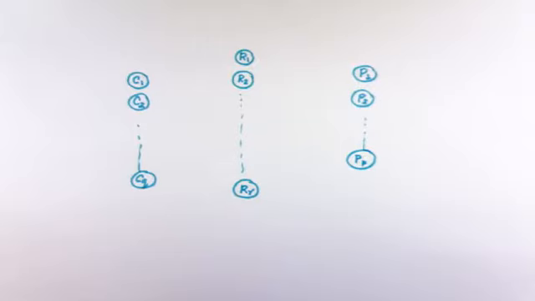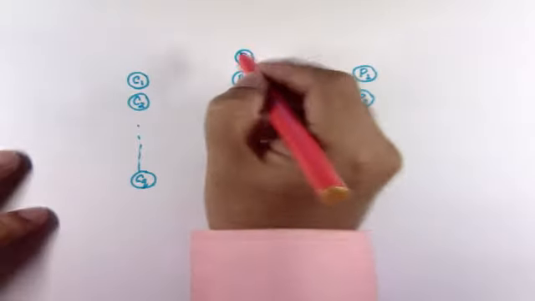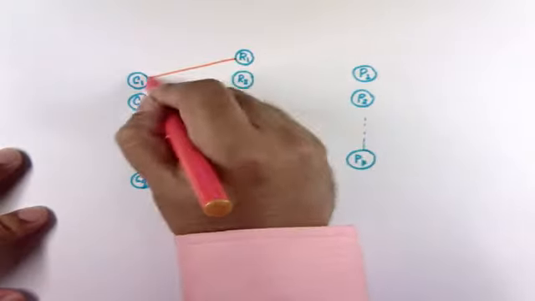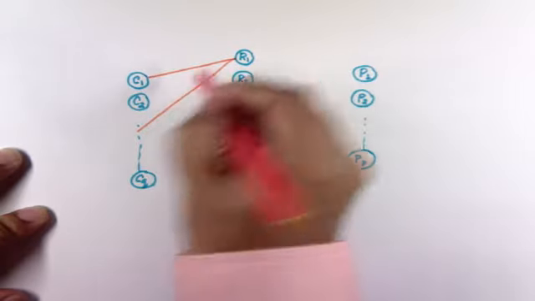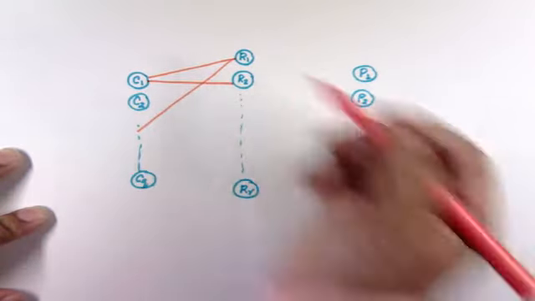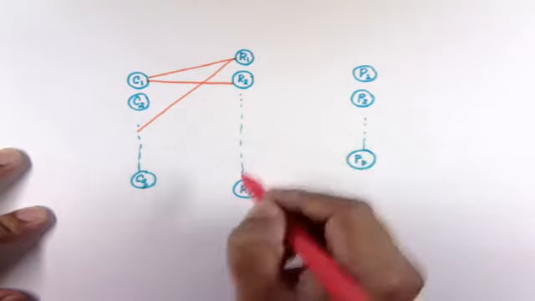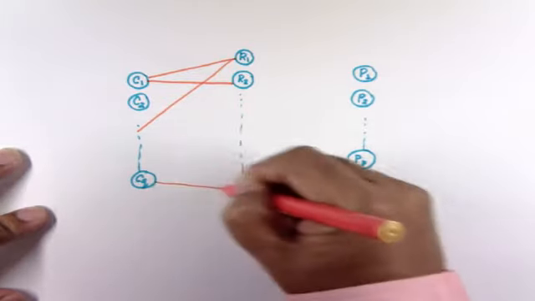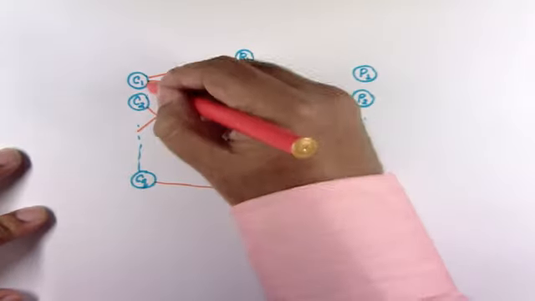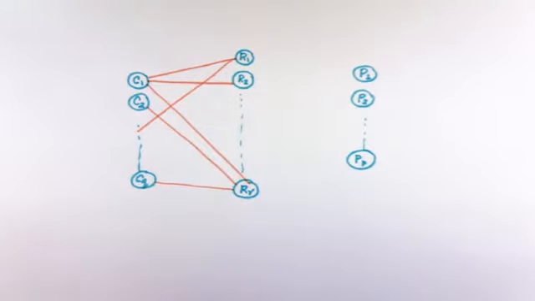now what we do is we put in the memberships as the edges. So we know that each resident is a member of at least one club. So let's say this resident is a member of this club, some club here. This resident is a member of only one club. Some resident here might actually be a member of all clubs, very social person.